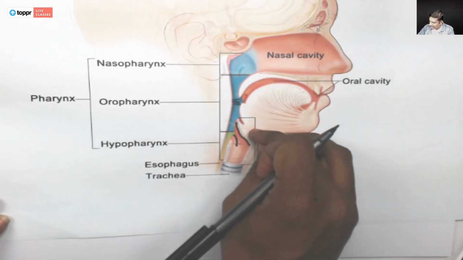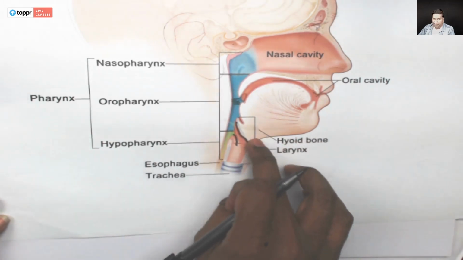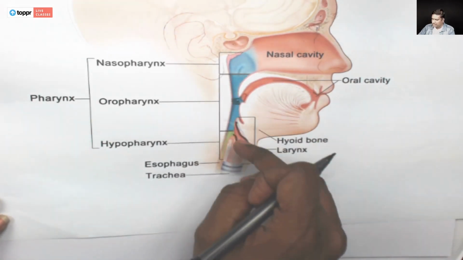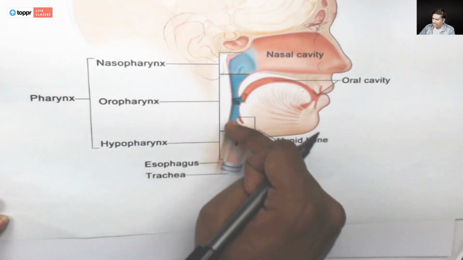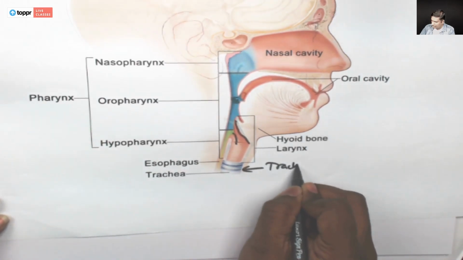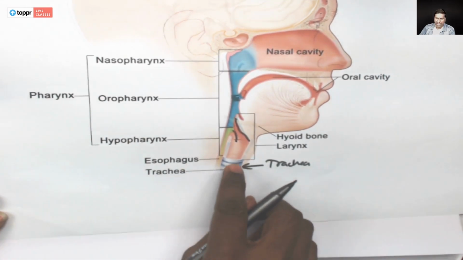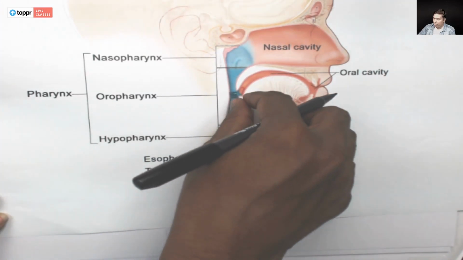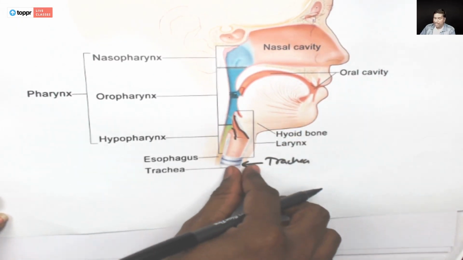This entire passageway is called the larynx. So it is the connection between the pharynx and the trachea. This is your trachea.